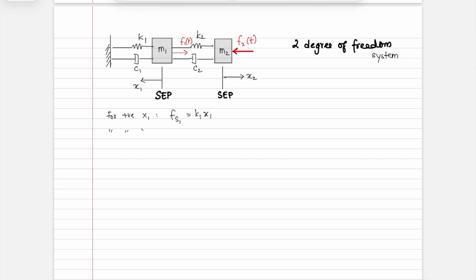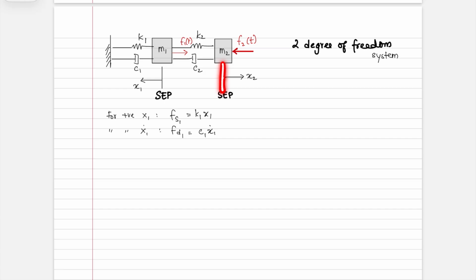Similarly, for positive x1 dot, you can say Fd1 is equal to c1 x1 dot. That is the force in this damper. So it's restoring for positive x1 dot. What about this spring and this damper?